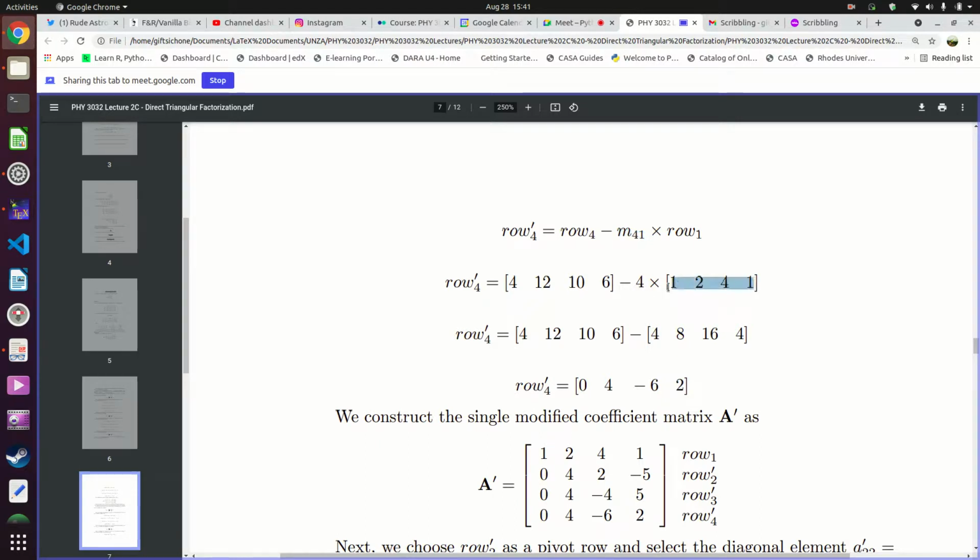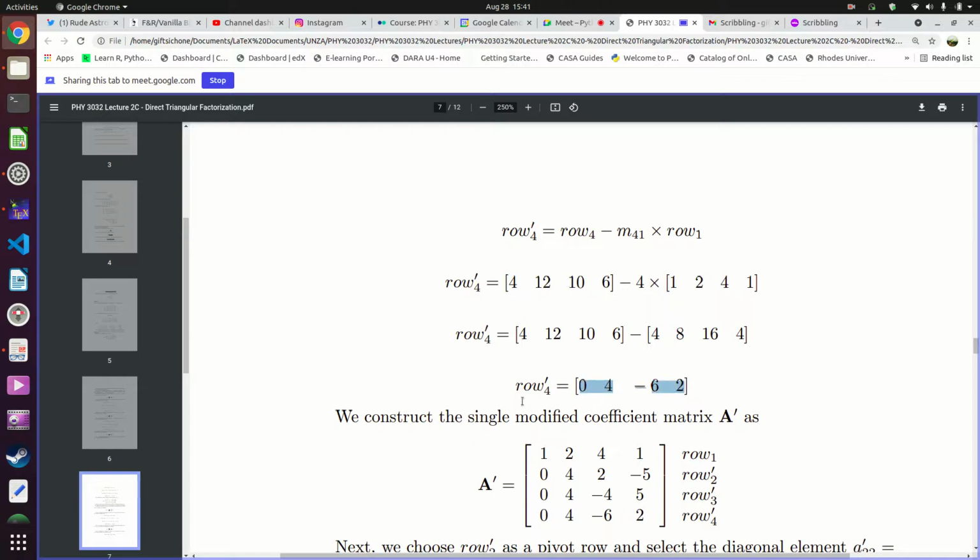Then we have 4 times 1, which is 4, 4 times 2, which is 8, 4 times 4, which is 16, 4 times 1, which is 4 here. Then 4 minus 4 gives you 0. 12 minus 8 gives you a 4. 10 minus 16 gives you a minus 6. 6 minus 4 gives you a 2. So this ends up being our modified row number 4.